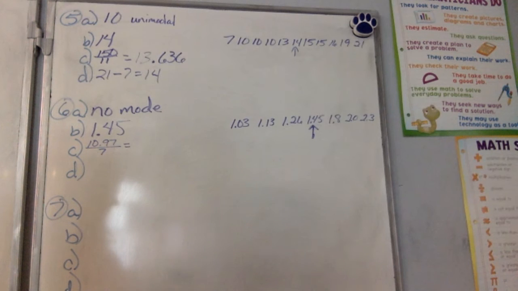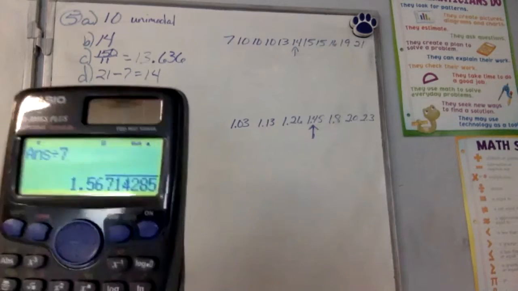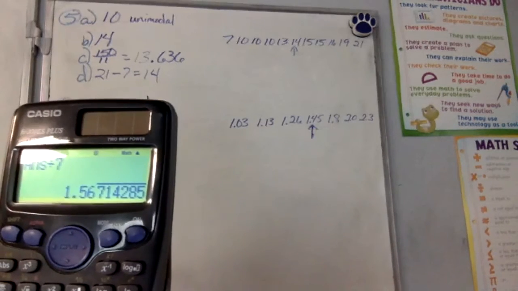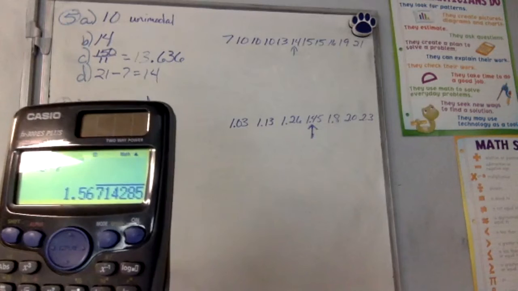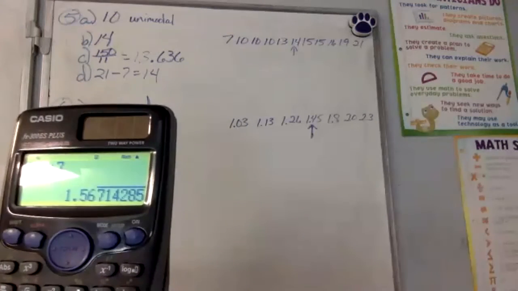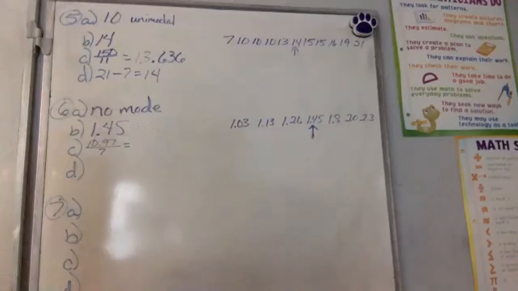Okay. And so when you divide that by 7, you get this lovely long repeating decimal. Remember, we're keeping 3 places behind the decimal point. The 7 is the third place behind the decimal point. Is the 1 behind it going to make the 7 change? No, it's going to stay the same.